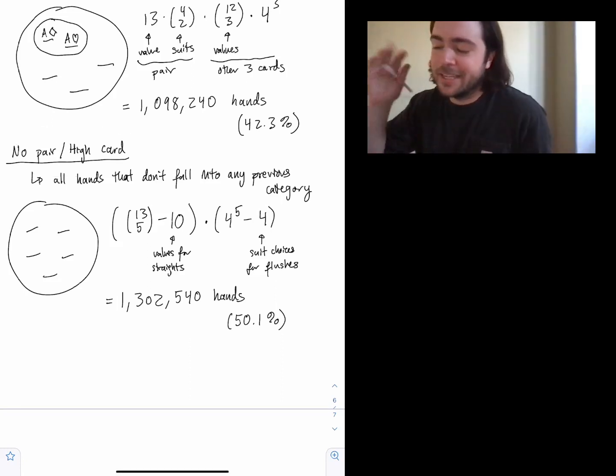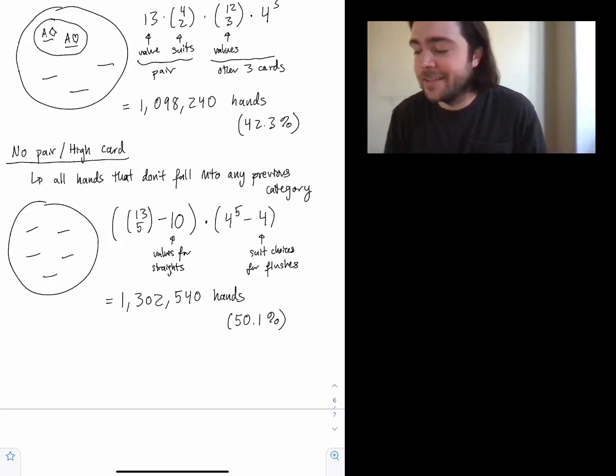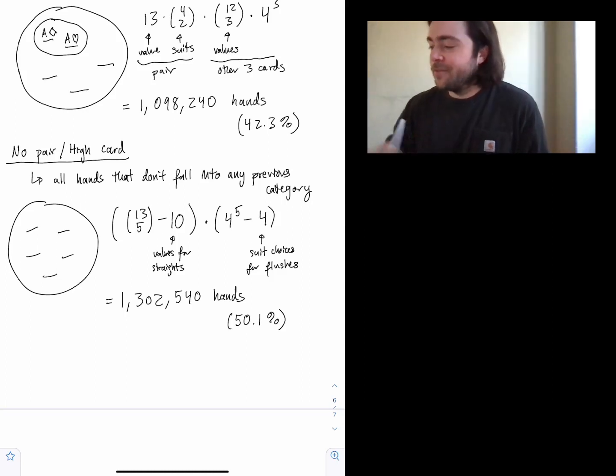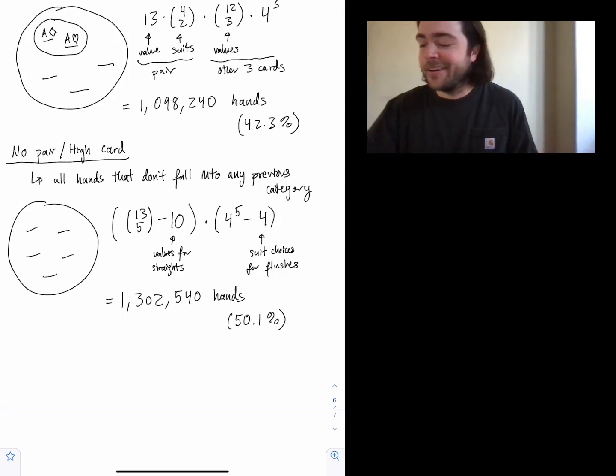By the way, all these percentages are approximate, just to 3 significant digits or so. But yes, you have a better than 50% chance of getting nothing, no special category, and all the other categories add up to just under 50%. So maybe you'll remember this the next time you decide to play this version of poker with anybody.